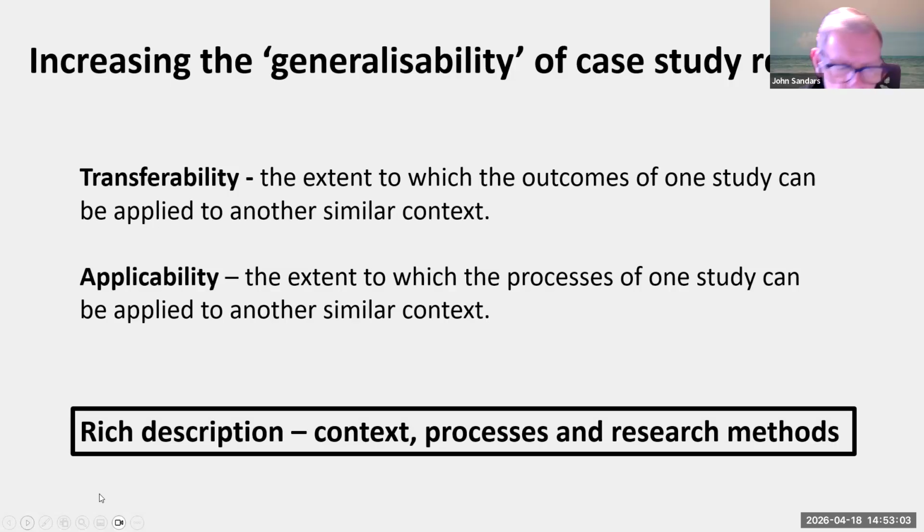In other words, the processes are the intervention, what actually happens. Can you actually replicate those processes in another context? That's what we're interested in. That's what generalizability can be considered to be. And what we have is a rich description of context, processes, and research methods.